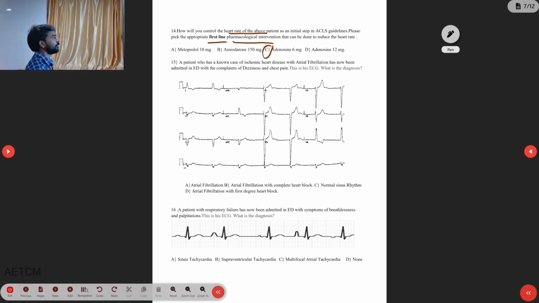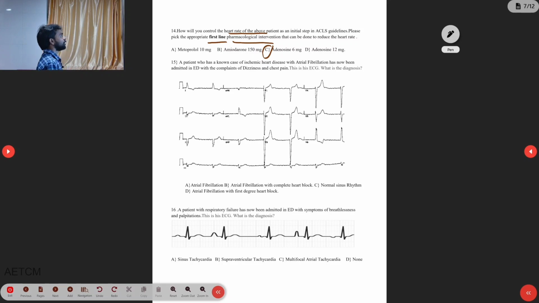Then we can go for beta blockers, calcium channel blockers and so on. At last we can go for amiodarone also. So the first line pharmacological intervention we have mentioned is adenosine 6 mg. If the patient already has a central line in place, then instead of adenosine 6 mg, we can go for half of the dose, that is adenosine 3 mg. So the answer for the 14th question is C, that is adenosine 6 mg.